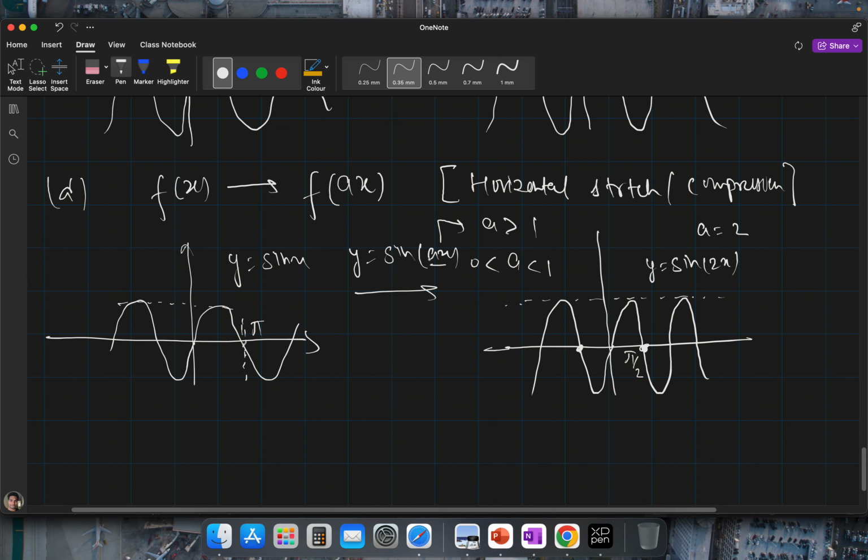If I do minus a, that is another transformation. But here I'm considering a greater than 1 and a between 0 and 1. The stretch will be when a is between 0 and 1, but when a is greater than 1, there will be horizontal compression. It's fine?